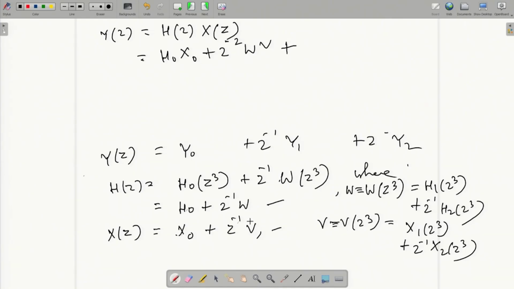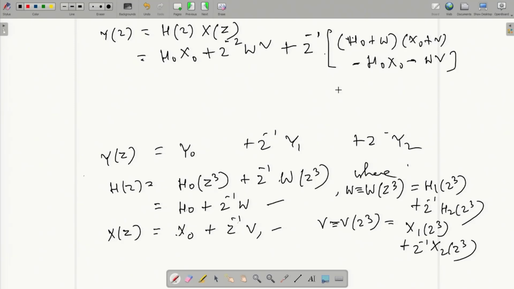We will follow the same trick which we did earlier, that is, we will avoid this multiplication X0W or H0V by introducing more addition. We will just take Z inverse common, take (H0 plus W)(X0 plus V), and from this subtract this H0 X0 which is already there. So, no need to compute it, and WV which is already there.